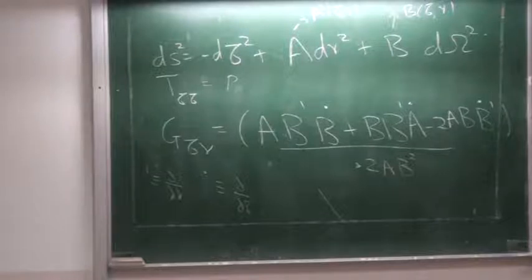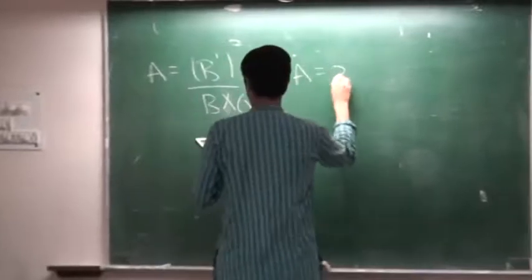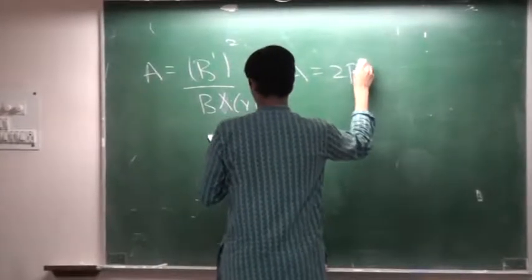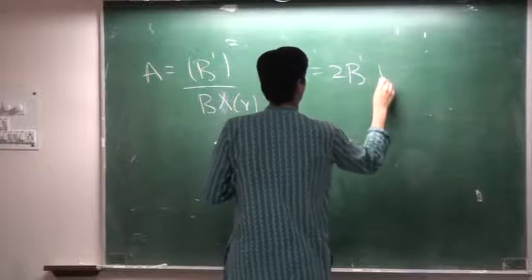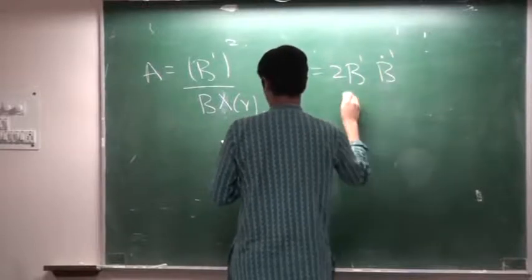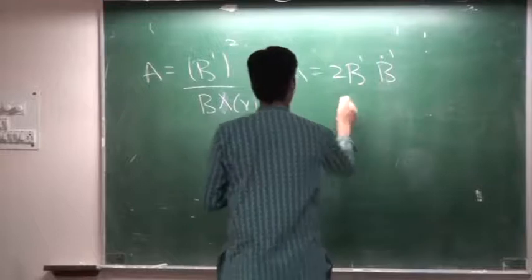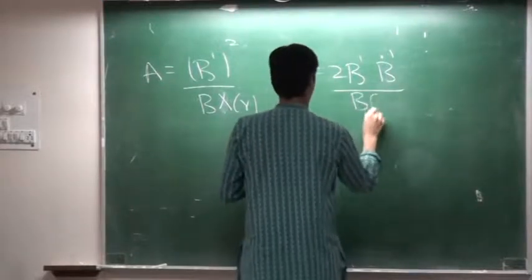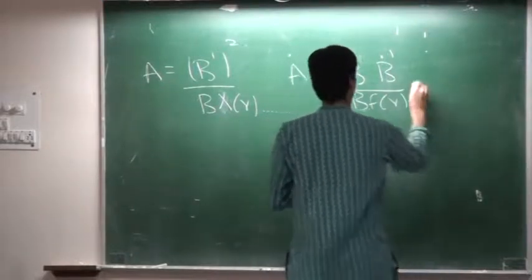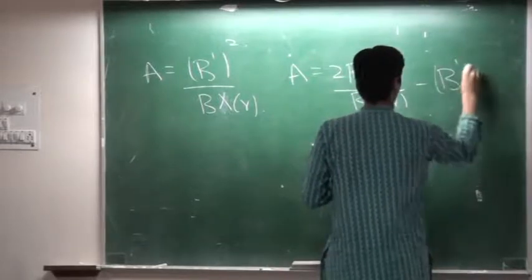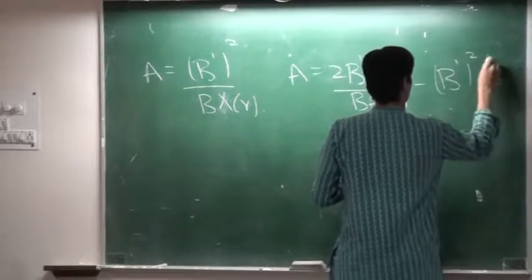For convenience, you can check that this is a solution by showing that it makes this vanish. The way you can make sure it makes things vanish is that you can check A dot twice B prime B dot prime by B, minus B prime squared B dot by B squared.